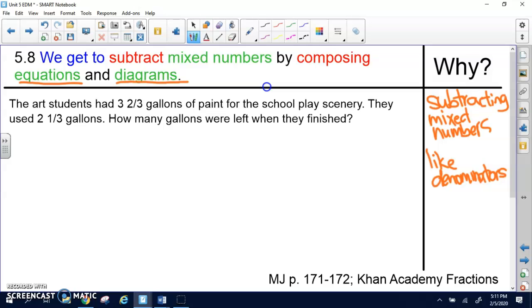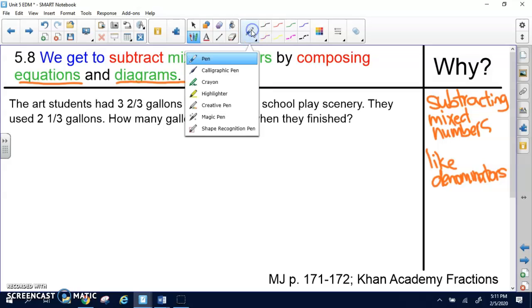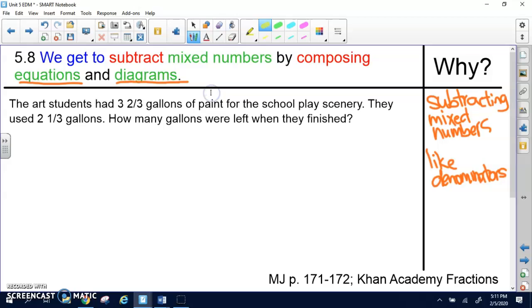The art students had 3 2/3 gallons of paint for the school play scenery. They used 2 1/3 gallons. How many gallons were left when they finished? I am noticing, first of all, what the question is asking me. I'm seeing the numbers that are involved, 3 2/3 and 2 1/3.